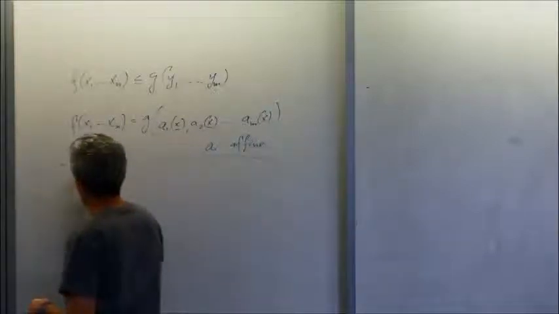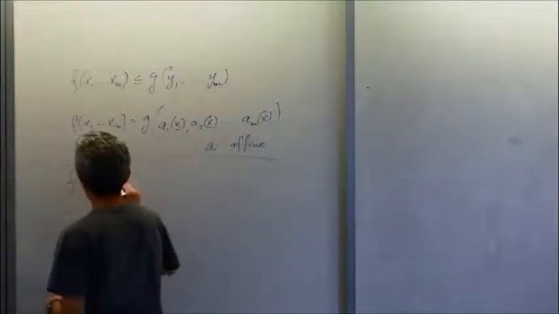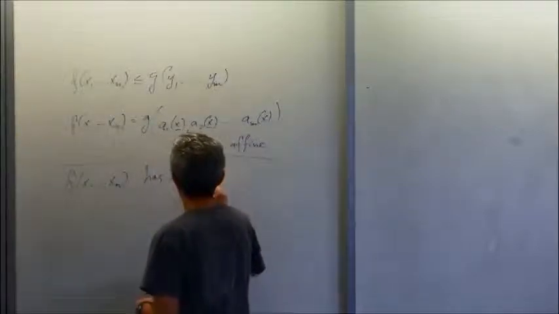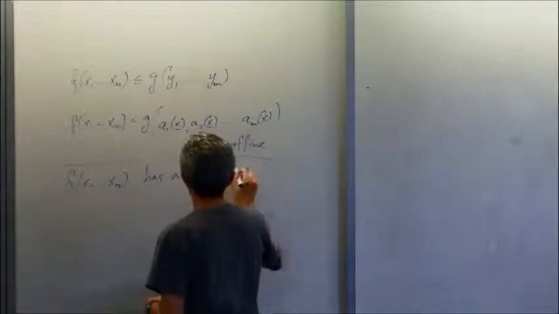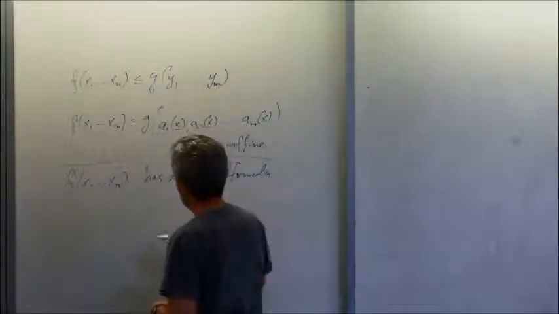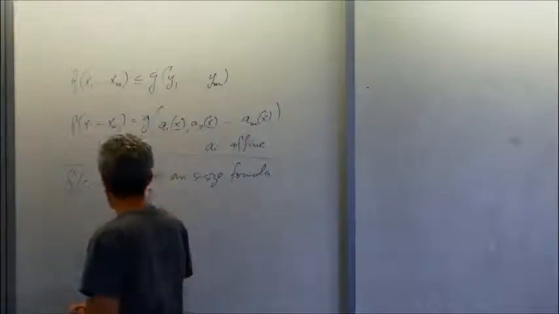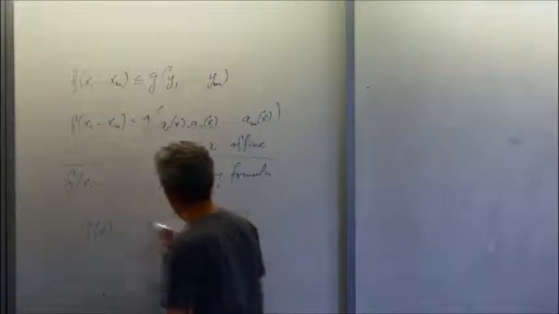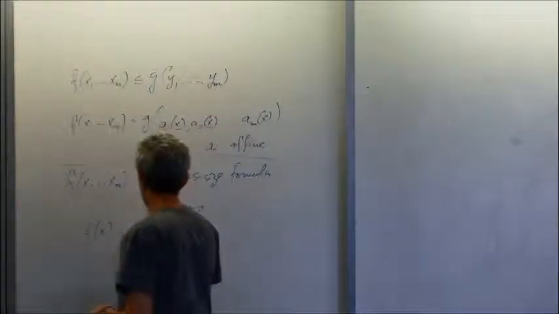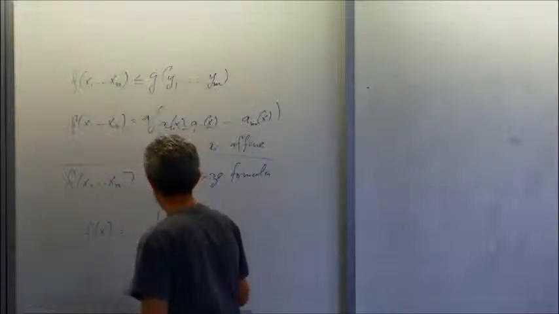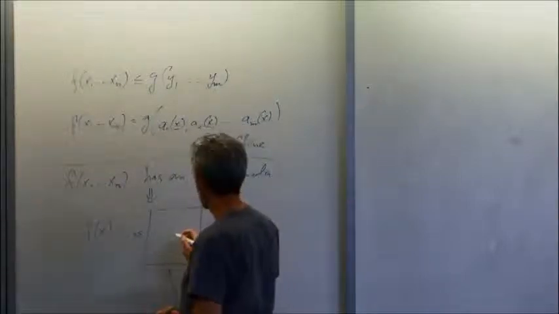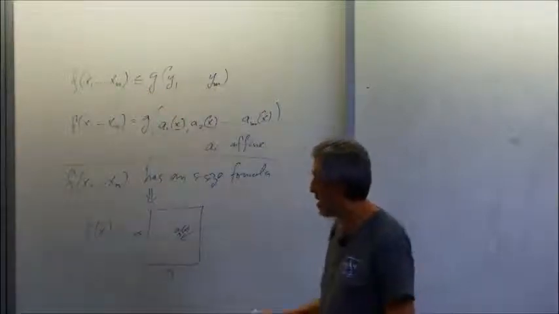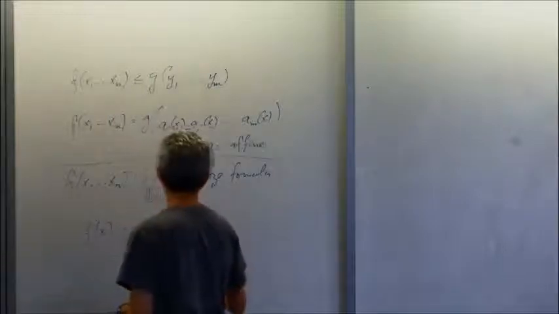Assume that f, some polynomial, has a formula of size S. Then f of x is the determinant of a 2S by 2S matrix filled with affine forms a_ij.